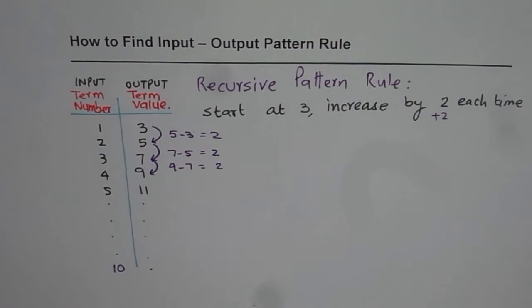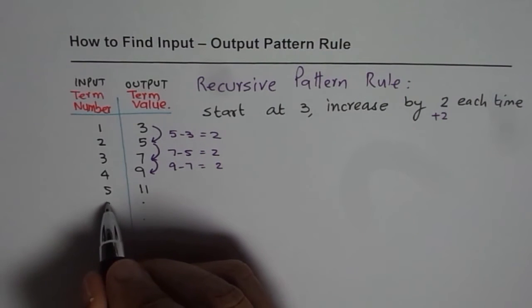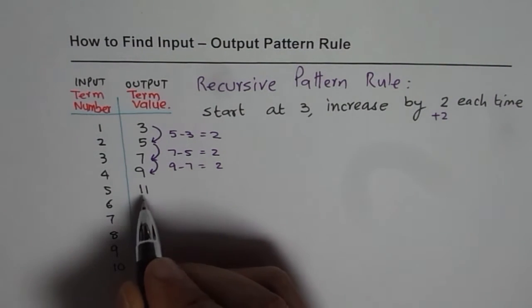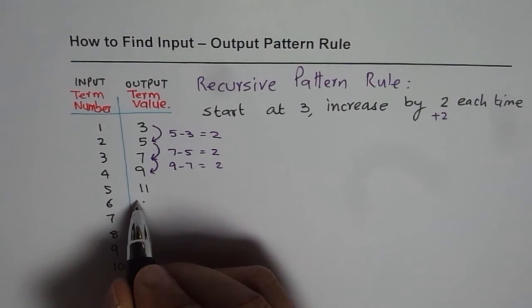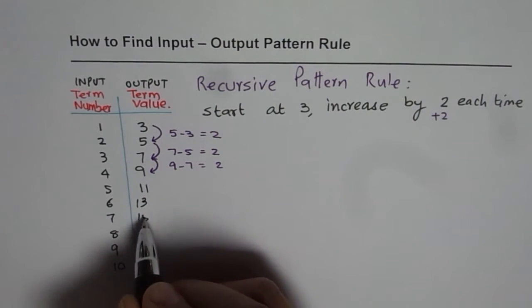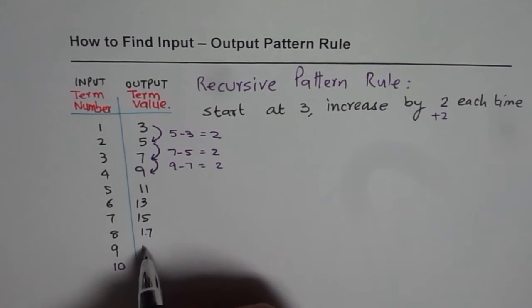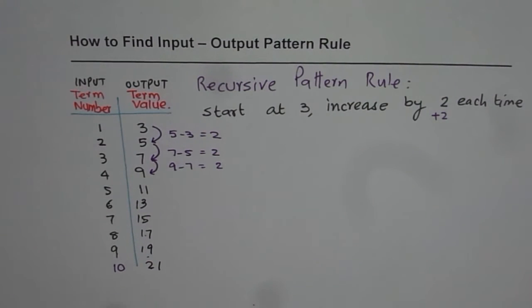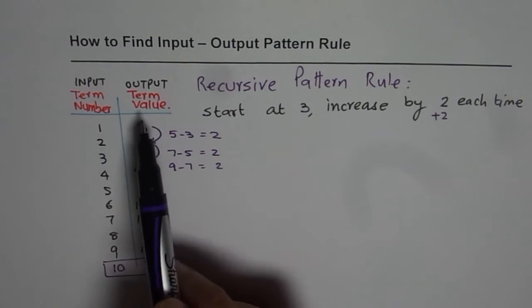So in this case, if I continue, then I'll get 6, 7, 8, 9 and 10. Here I'm going to add 2 each time, so I'll get 13, 15, 17, 19 and 21. So finally I get my value: for the 10th term the answer should be 21 as the term value.